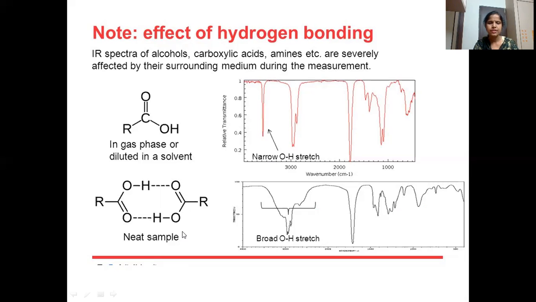Whereas when it is in the form of a dimer, we can see the intermolecular hydrogen bonding between the two molecules of carboxylic acids. This is a dimer, so it is intermolecular hydrogen bonding. So you will get a broad OH stretching vibration in this way. Intermolecular will give a broad band, whereas intramolecular will give narrow OH stretching bands.